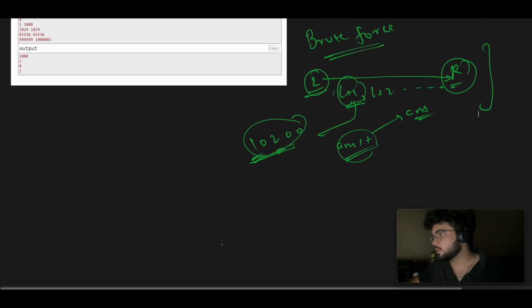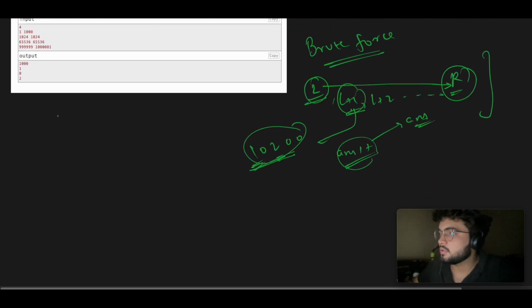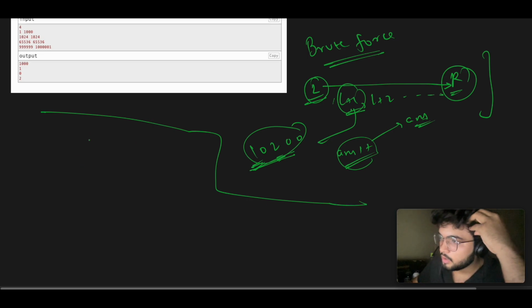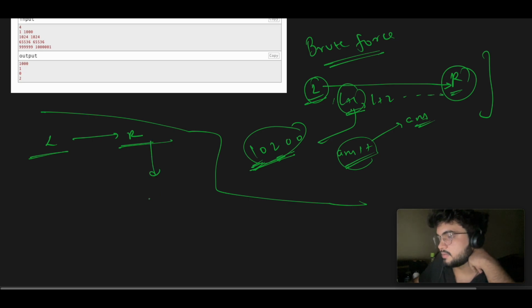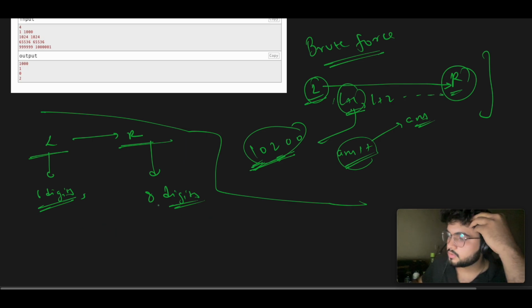Now we'll see how we are going to approach this. In digit DP, rather than moving from L to R, we see how many digits are in these numbers. Let's say this has 8 digits, and this has 6 digits. Then the maximum number will have 8 digits, 1 2 3 4 5 6 7 8.